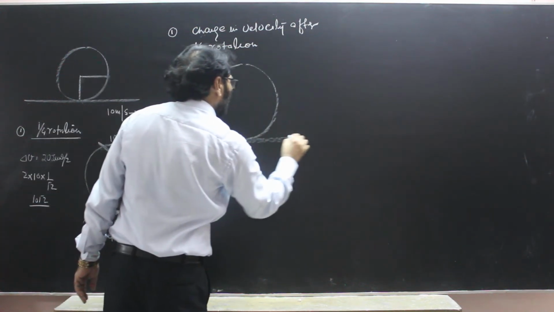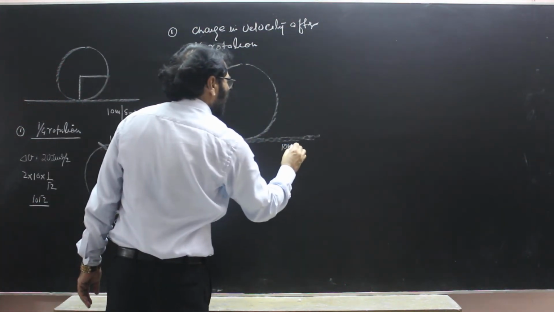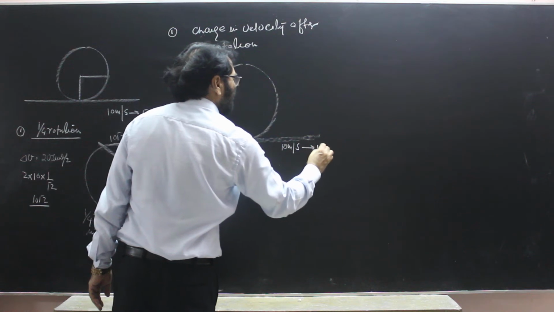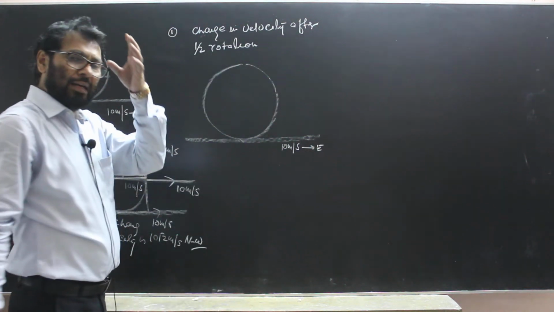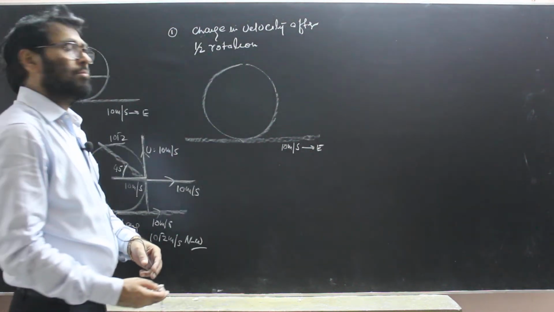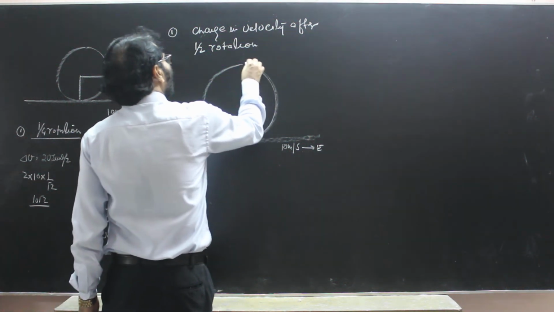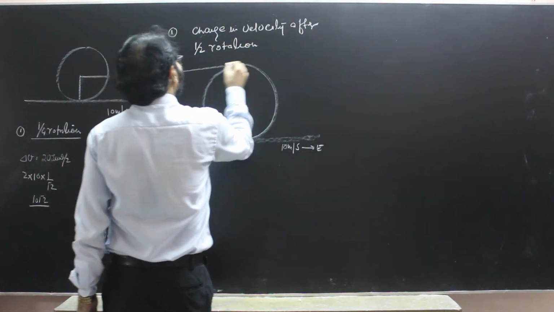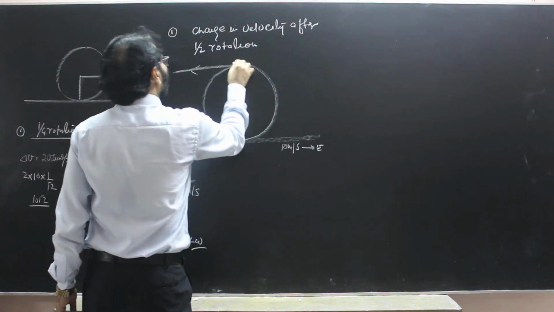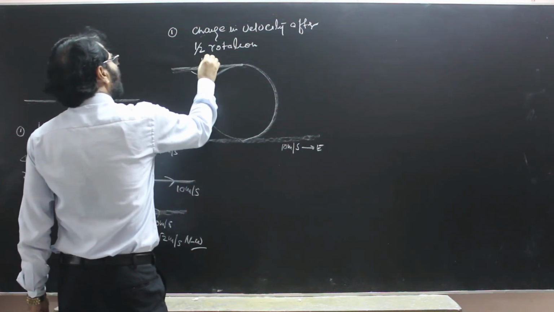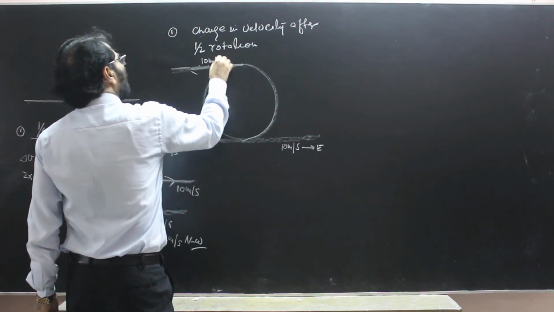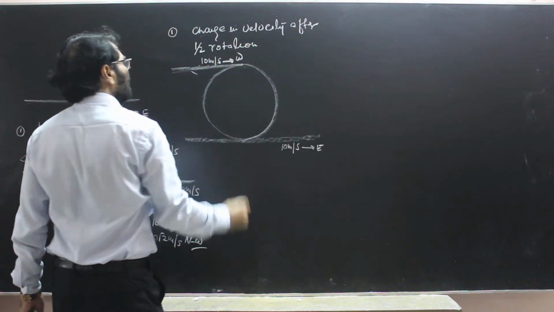The particle is moving initially with 10 meter per second towards east. As the particle is moving in a uniform circular motion, after 1/2 rotation, it is moving like that, again with 10 meter per second, but towards west.